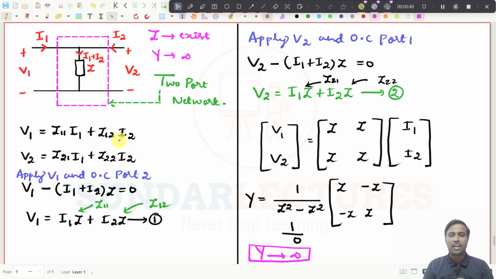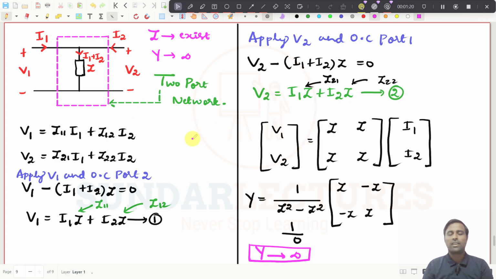There is a condition where in certain circuits you cannot say that the Y matrix is equivalent to the inverse of the Z matrix. You need to see that the multiplication of these two terms minus the multiplication of these two terms should not become 0, and if it is so, then one matrix will not exist, right?